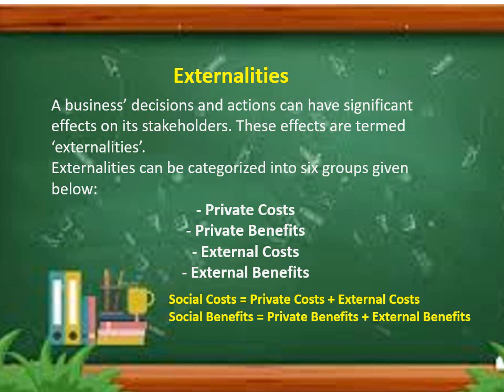So social costs of a business are the private costs plus the external costs, and the social benefits are the private benefits plus the external benefits. It is governed by the governments of all countries and economies that businesses should not only be concerned with the private benefits; they are held responsible for the external benefit.